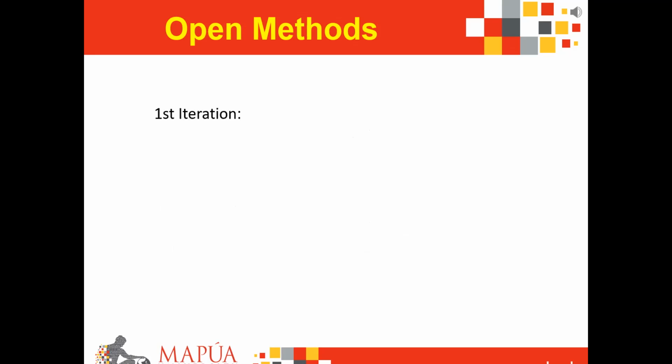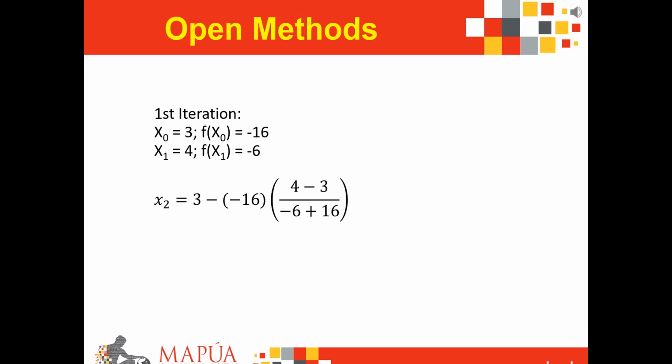For the first iteration, using the initial values 3 and 4, along with their functions -16 and -6, and applying them to the iterative formula, you end up with this solution with an x2 value equal to 4.6.